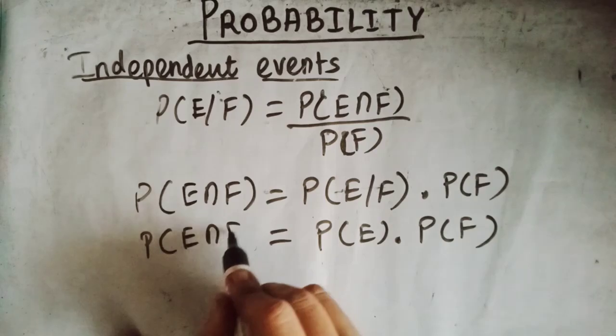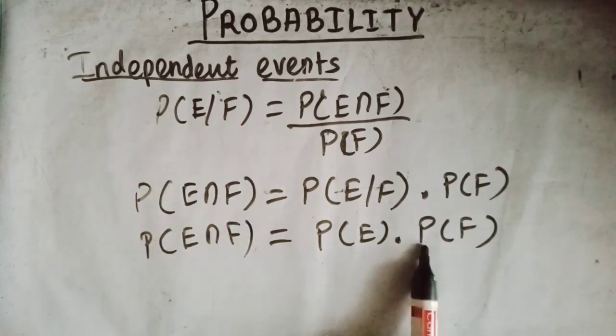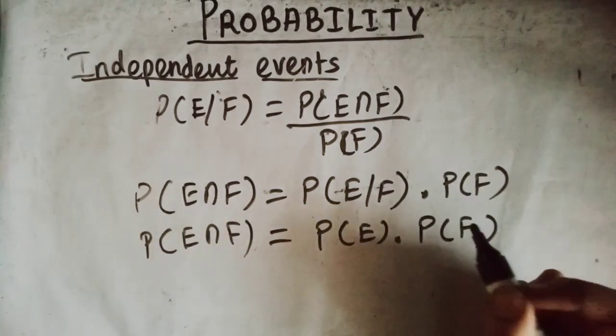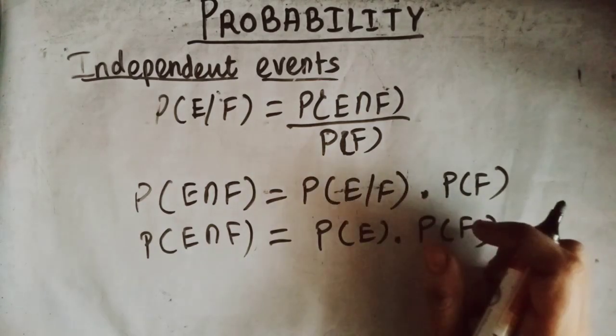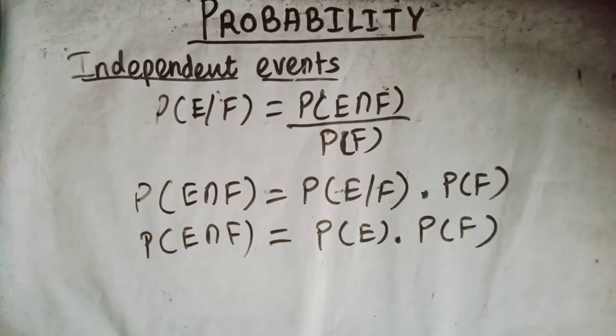So if we get the intersection probability like this, then we can say that E and F are independent events. Okay, let's solve some problems.